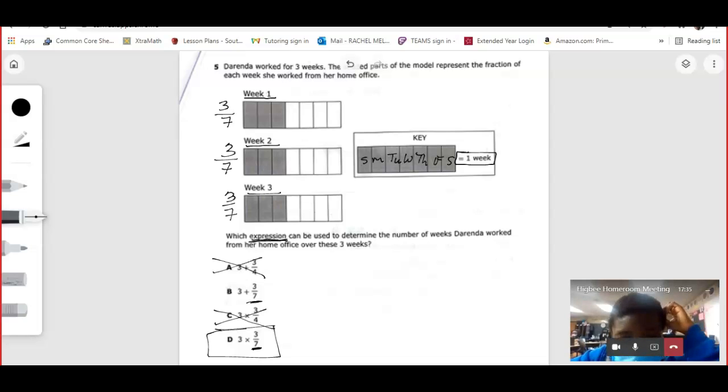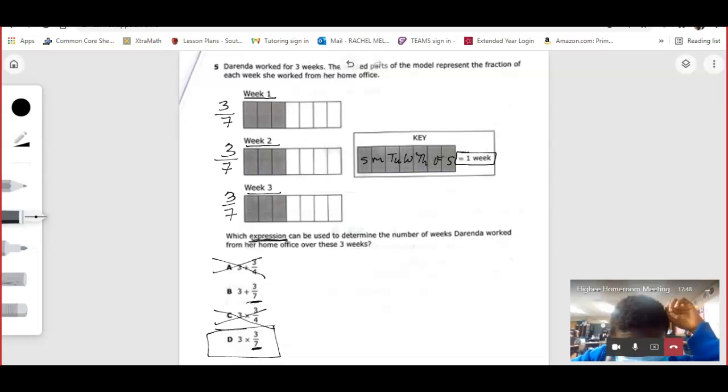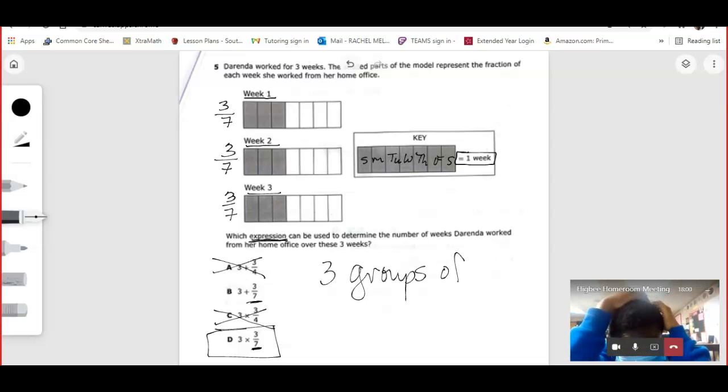Okay, okay. So let me ask you this. How many groups do we have? 3. 3. Are they all the same group? Yeah. That's why we're multiplying. 3 times. Okay, because we have 3 groups of 3/7. Okay, so I can say that this way. 3 groups of 3/7.